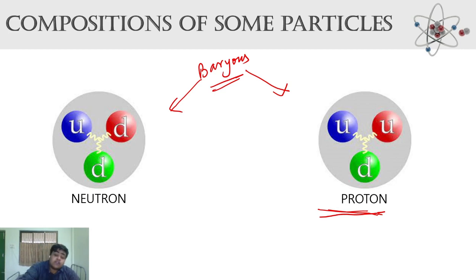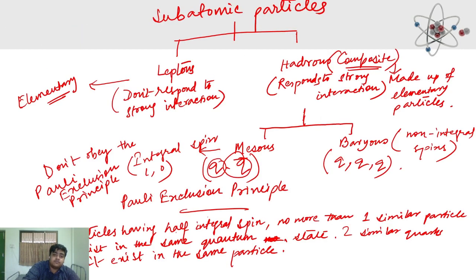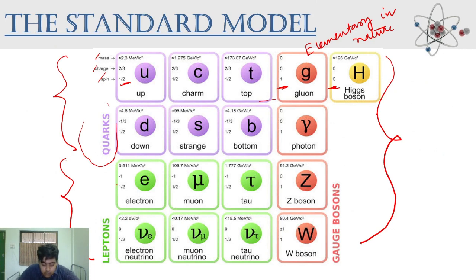Let's move back to the standard model. Yeah. So we were talking about the quarks. But before we dive into quarks, as I already showed you, presence of quarks inside hadrons, inside protons and neutrons, I would discuss more about it.